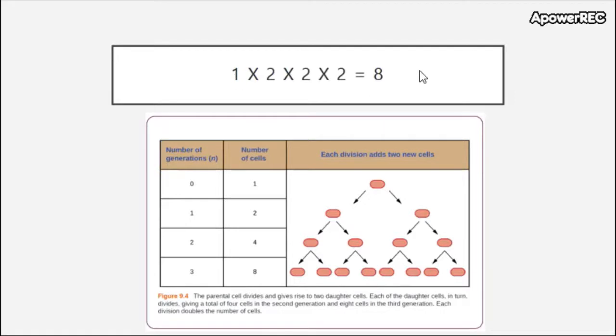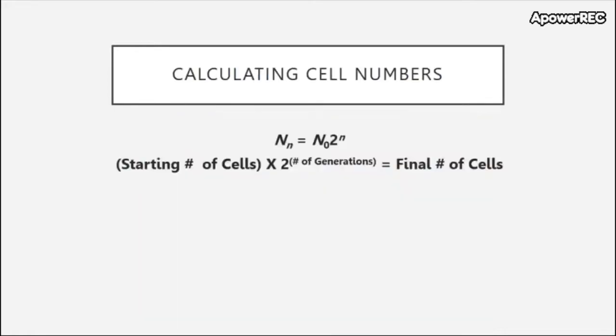What I'm going to do is derive an equation from this. 2 times 2 times 2 is the same as writing 2 to the 3rd power. That's how many times you're going to multiply it, right? We're going to write an equation on this next slide to represent this. Remember, 1 was our starting number of cells. So let's take a look at the next slide.